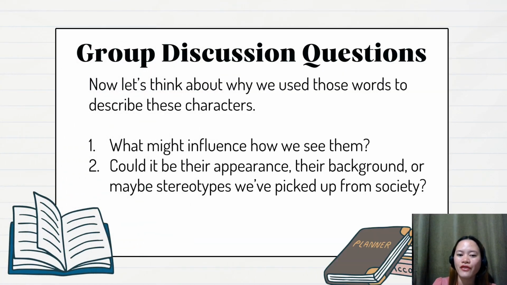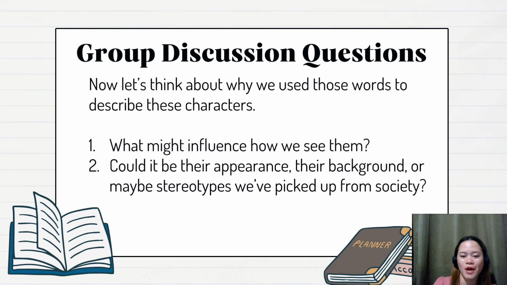Now, let's think about why we use those words to describe these characters. What might influence how we see them? Is it their background or their appearance? Okay, can I have Jumo? Okay, through their appearance.